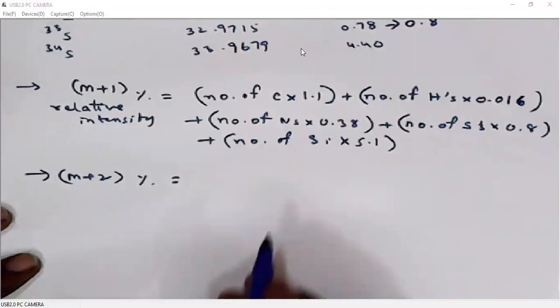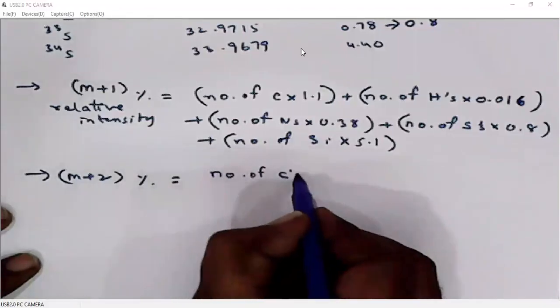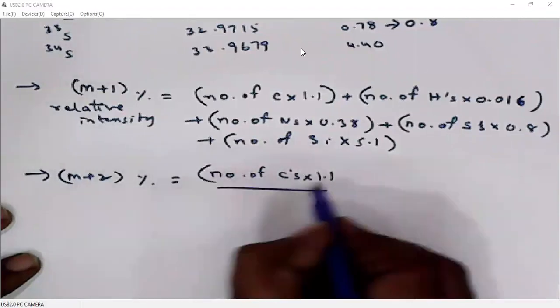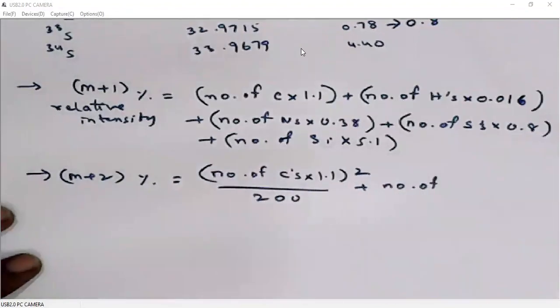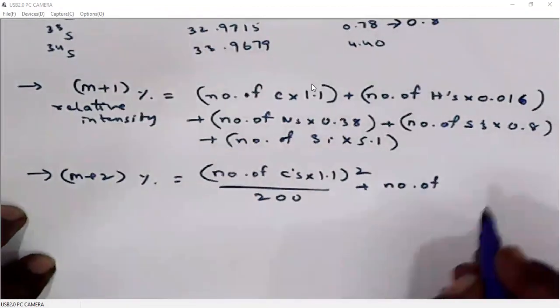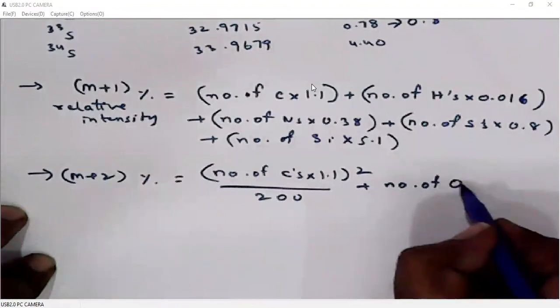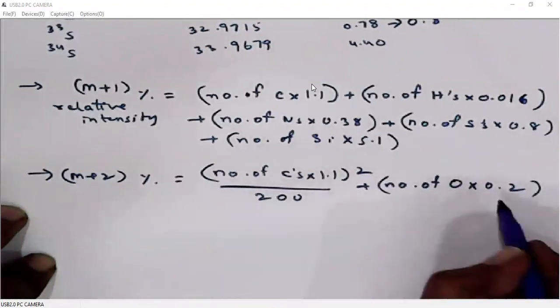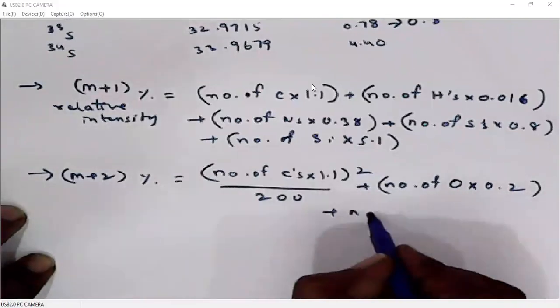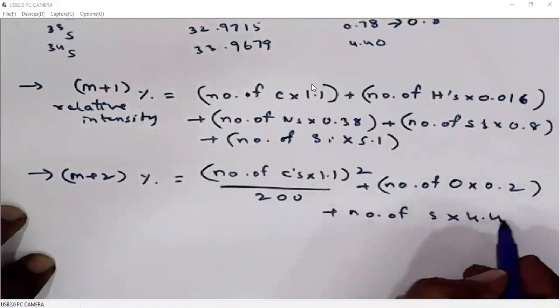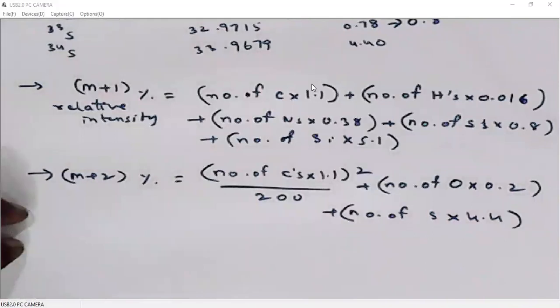Number of carbons multiplied by 1.1, whole square, divided by 200, plus the number of oxygens times 0.2, because oxygen 18 is 0.2% available, plus the number of sulfurs times 4.4, because sulfur 34 is available in 4.4%.